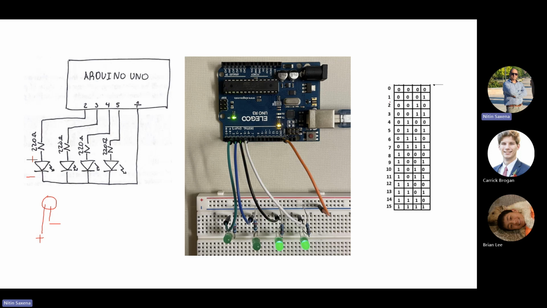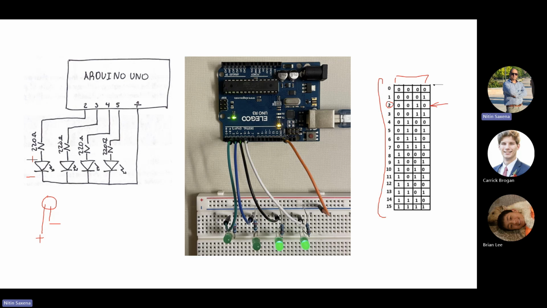If we give the value 2 in our Arduino program, the display will be 0010, meaning if we count LEDs 1, 2, 3, 4 from this side, the first will be off, the second will be on, and the third and fourth will be off. In this way, we can get any pattern from 0 to 15 because we are using only 4 LEDs, so we can make a 4-bit binary number from this program.